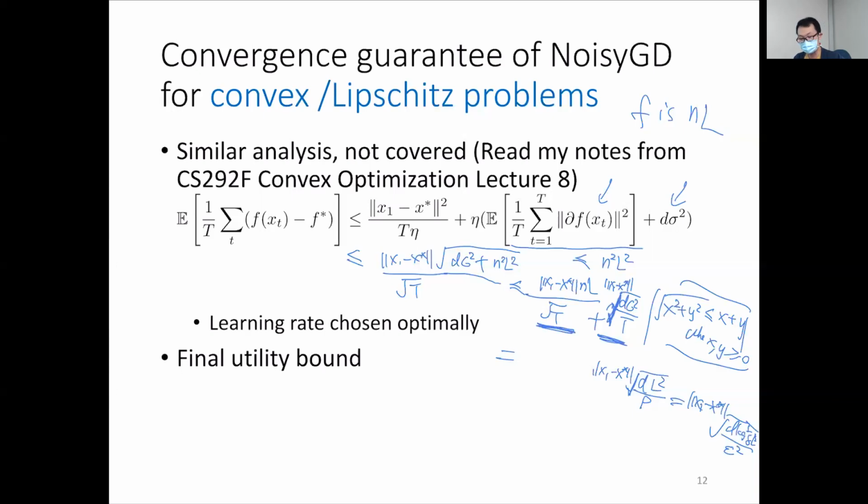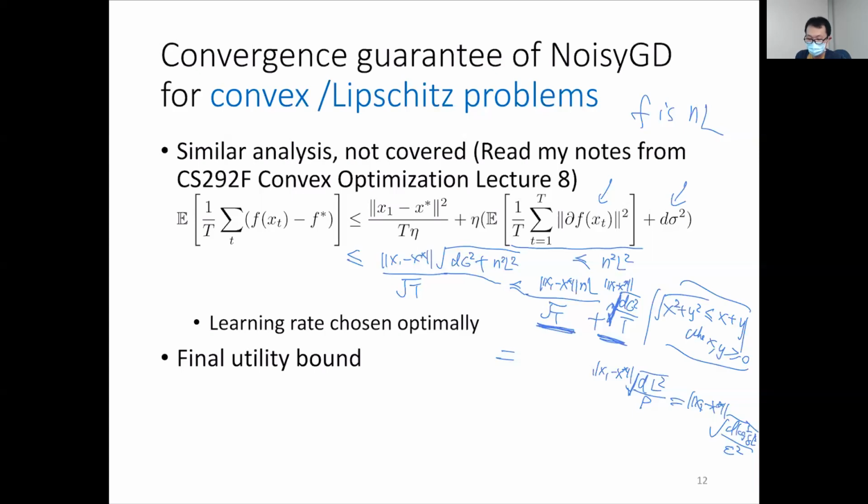The first term is negligible. Right, we can always do that because the second term only depends on the ratio of sigma square over t. So the bound is optimized at the limit when both sigma square and t go to infinity. So this term becomes negligible.